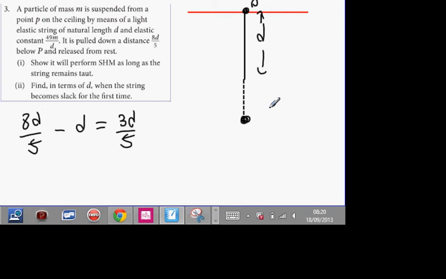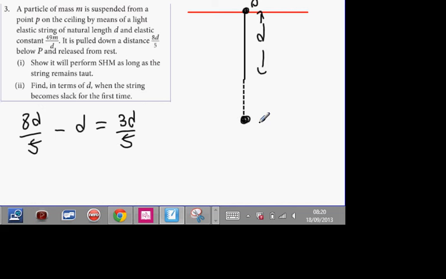Now, what we currently don't know is where the equilibrium position is. Without bringing the 8d over 5 into play, what we should do at the moment is find out where the equilibrium position is.